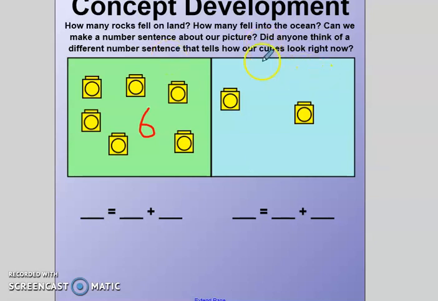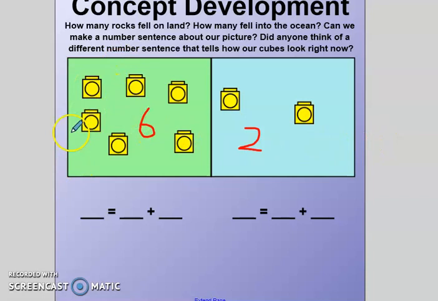And unpause me when you're ready. And then how many do we have over here? 1, 2. Okay, so we definitely know our parts are 6 and 2. And I like how they divided it with this line because that helps me realize these are all on land and these are all on water.